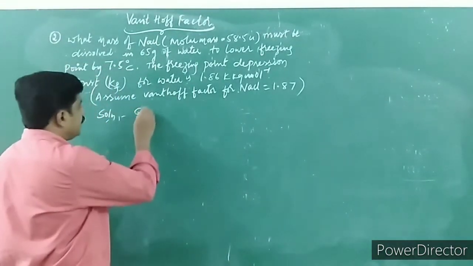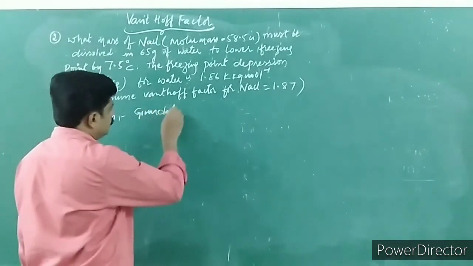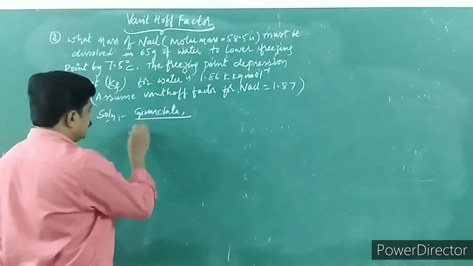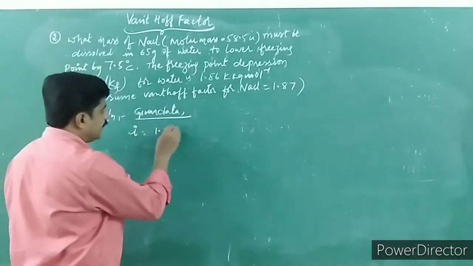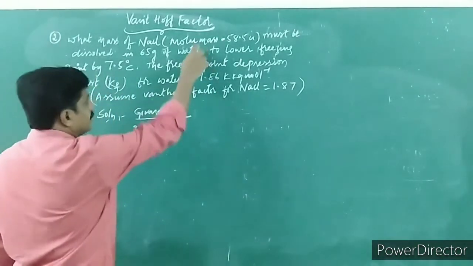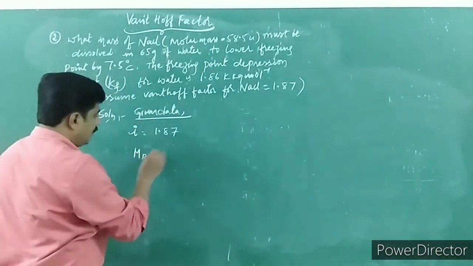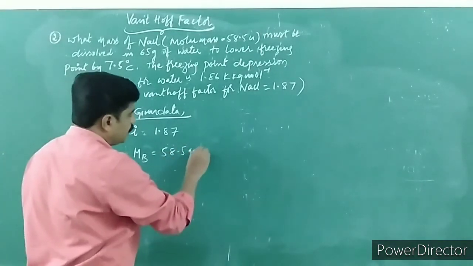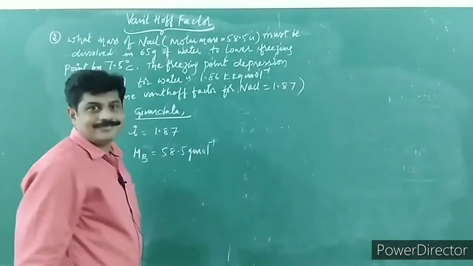Let me write the given data. Look here, i is given, i is equal to 1.87, is it not? And MB is given, 58.5 gram per mole or unified mass, whatever.